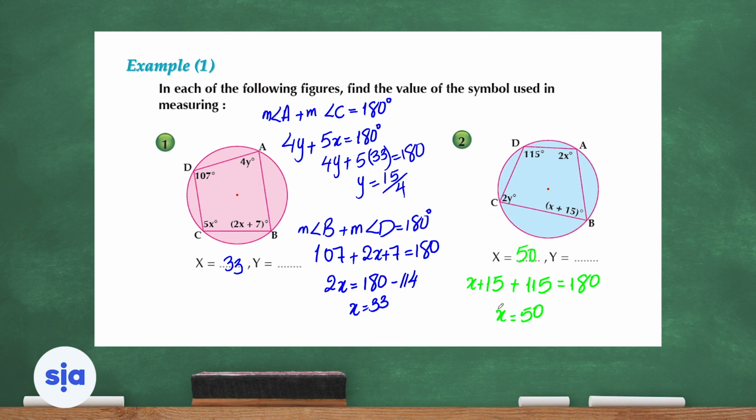After finding x equals 50, we go to the other relation. You will see that the measure of angle A plus the measure of angle C is equal to 180, then 2 times 50 plus 2y equals 180, then 2y equals 80, after that y equals 40.